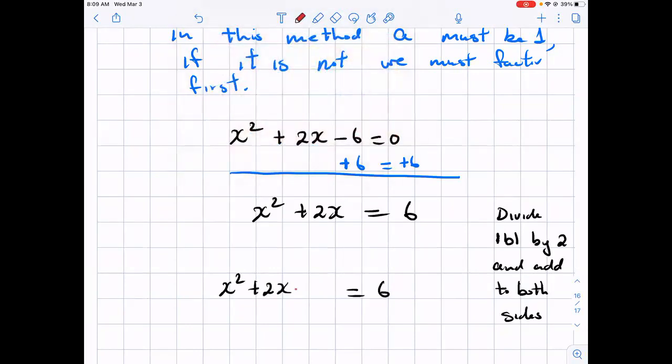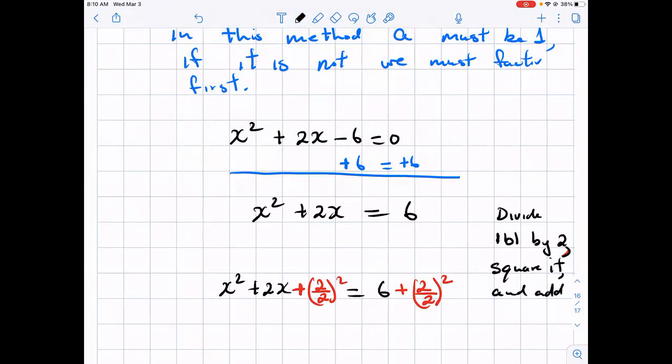But what I'm going to do is add b divided by 2, and we also have to square it. So divide b by 2, square it, and add to both sides. Okay? So we want to make sure we do that.